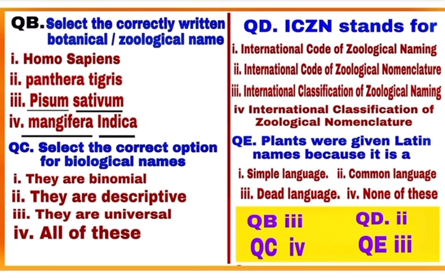What is this dead language? Dead language is a language that is no longer spoken by anyone as their main language, or you can say it is an ancient language that will not change in form or spelling. So, mark 3 as a correct answer.